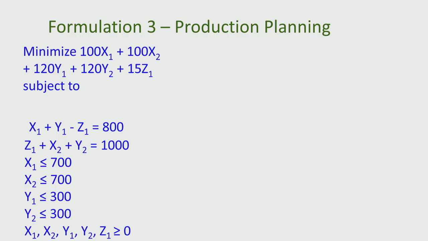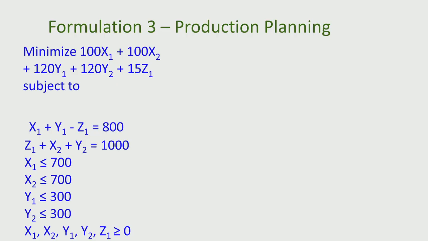Therefore, what is available to meet the demand of week 2 are the 2 production quantities x2 plus y2 and the excess inventory that is carried, which is Z1. So, Z1 plus x2 plus y2 equal to 1000 is the constraint to meet the demand of the second week.